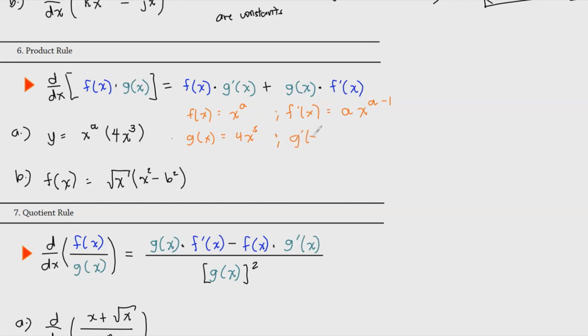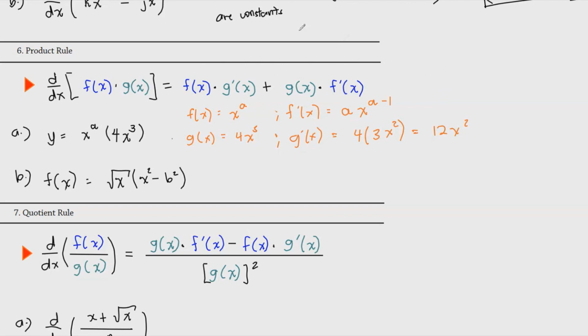And then for g of x, we need to take the derivative. If you take the derivative, that is just a constant in power, so we get 4 times 3x squared, so we get here 12x squared. Now, we've already completed those things that we need to rewrite the expression.